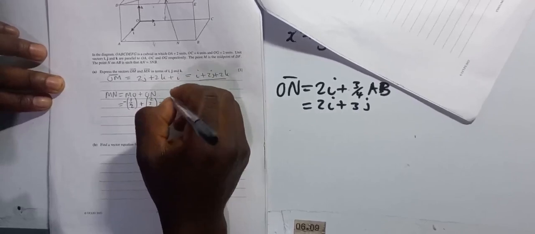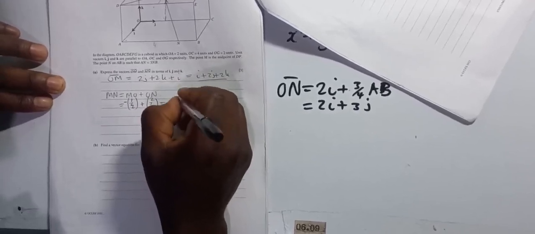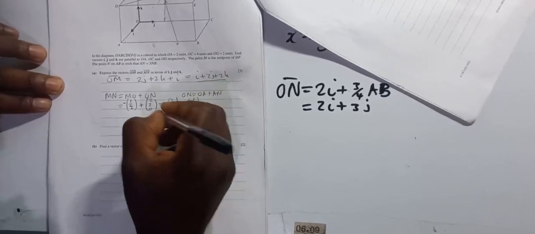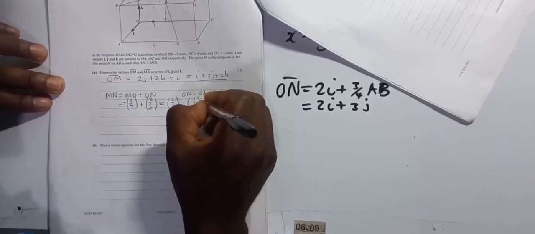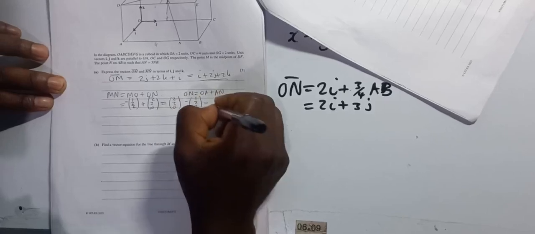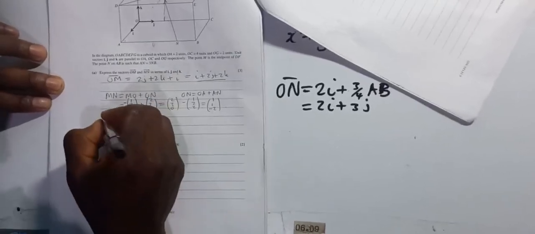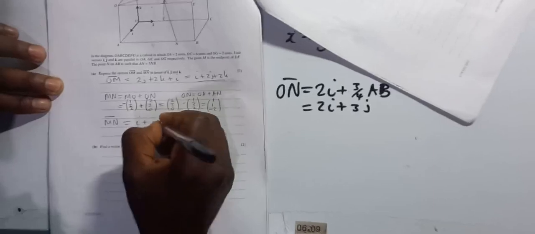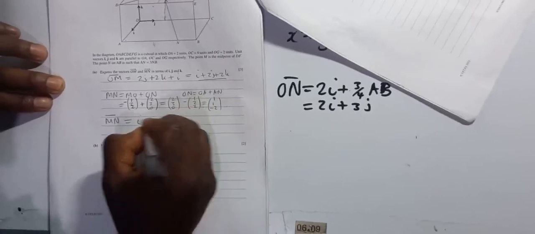This is the same as (2, 3, 0) minus (1, 2, 2), which gives 2 minus 1 is 1, 3 minus 2 is 1, 0 minus 2 is minus 2. So MN equals I plus J minus 2K.